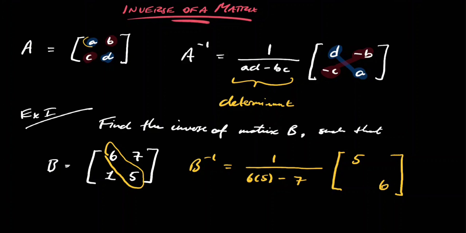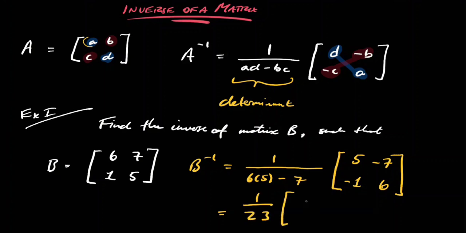And now we will switch the signs of the other diagonal. So it's the opposite of the top right corner and the opposite of the bottom left corner, rather. So we can evaluate this determinant here, which is 30 minus 7, which is 23, hopefully.